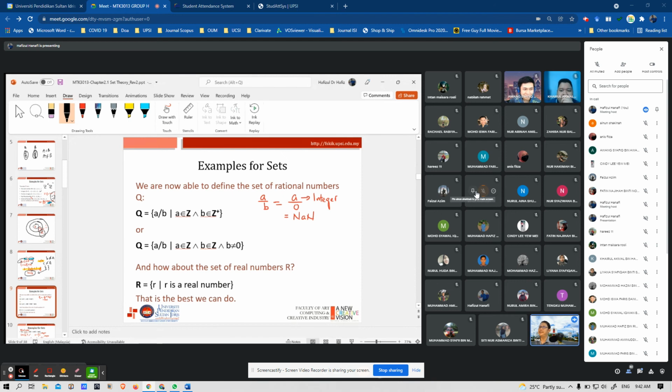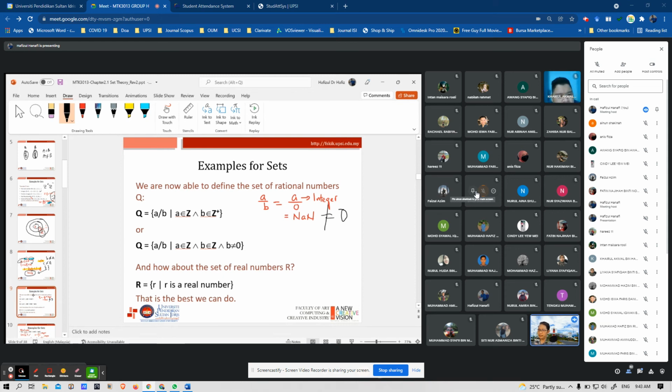Okay, this is an example of set. We have to define the rational numbers Q. We have a, b, where a is an integer and must be divided by the denominator; the denominator is not equal to 0. We can define it as a divided by b.